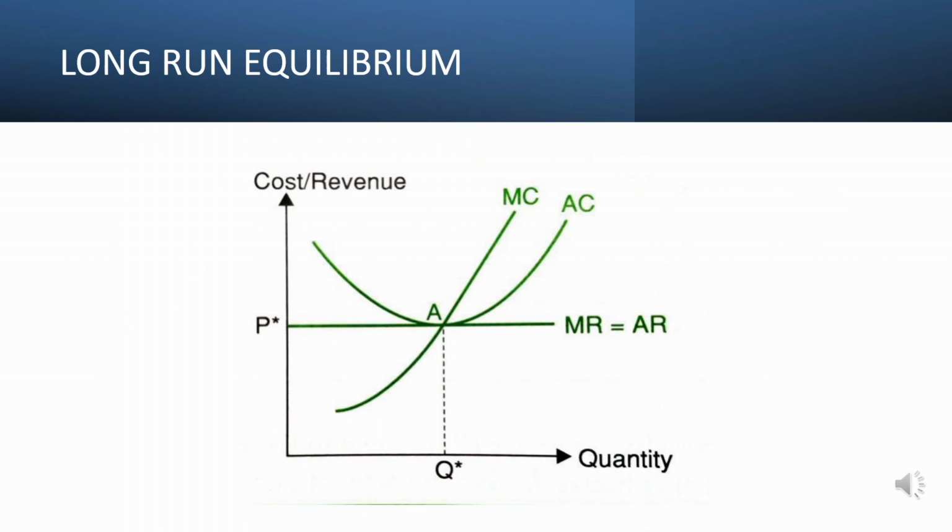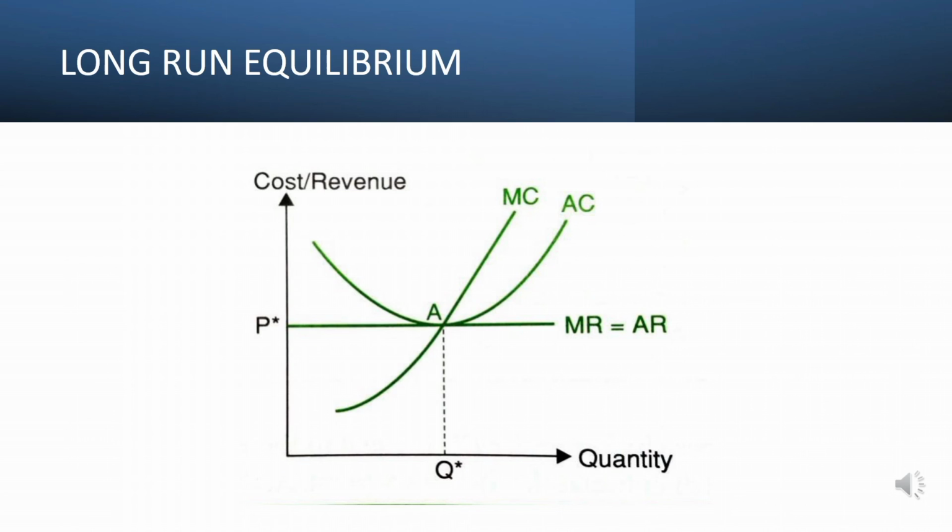Likewise, the firm cannot be in a long-run equilibrium at a price lower than OP under perfect competition. If price is lower than OP, the average and the marginal revenue curve will lie below the average cost curve, so that the marginal cost and price will be equal at the point where the firm is making a loss.